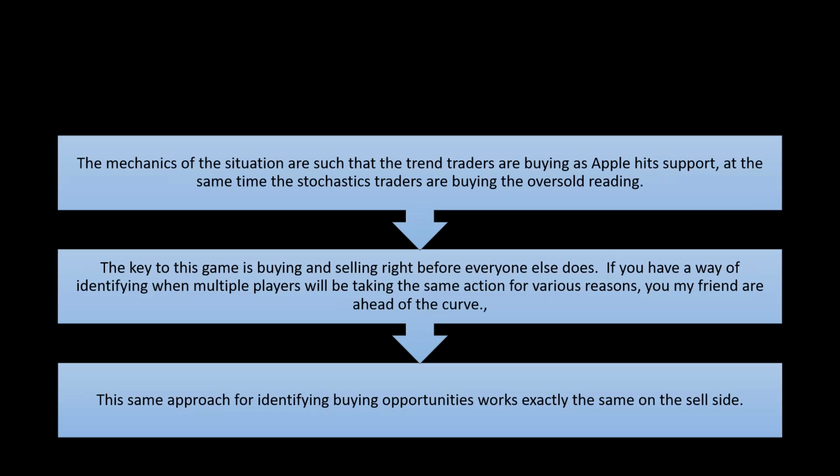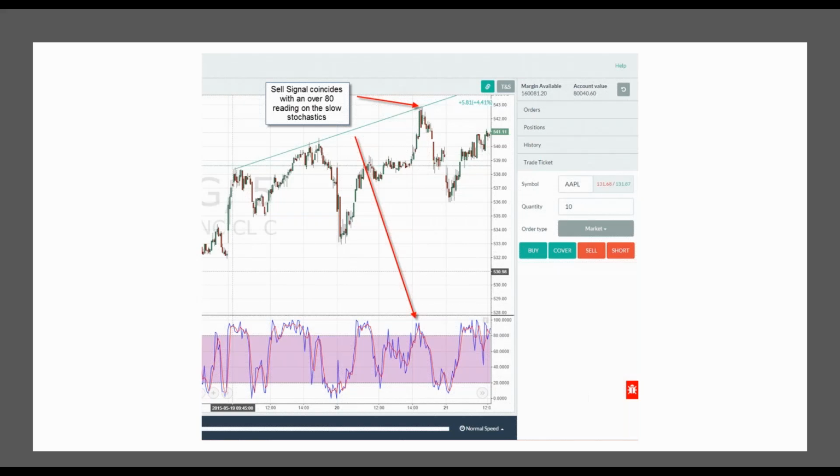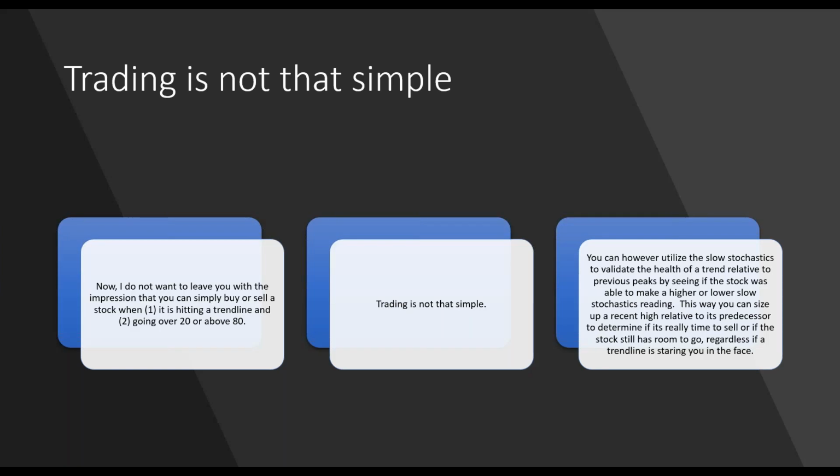But you have to decide how it works, how you're going to apply it, and what you want to do with it, because trading is not that simple. Now, I don't want to leave you with the impression you can simply buy or sell a stock or an asset when it is hitting a trend line and going above 20 or 80. Trading is not that simple.